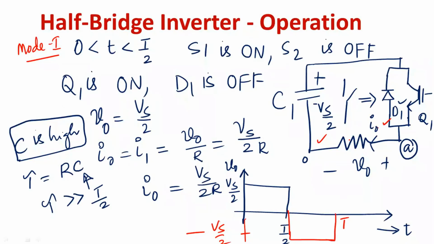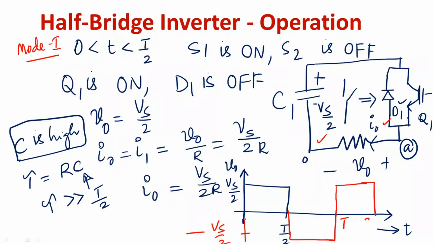This is how a constant magnitude DC voltage can be converted into an alternating voltage. And this sequence of operation will be repeated for an infinite number of time periods. As a result of that, the voltage would be like this.